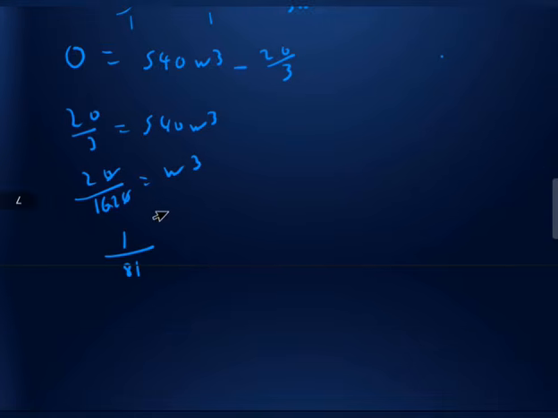It would have been a perfect answer if it was the fourth power or the squared power. So this is not a perfect cube, but the answer is just going to be the cube root of that. So the answer is the cube root of 1 over 81, or we can even write it as 1 over the cube root of 81.